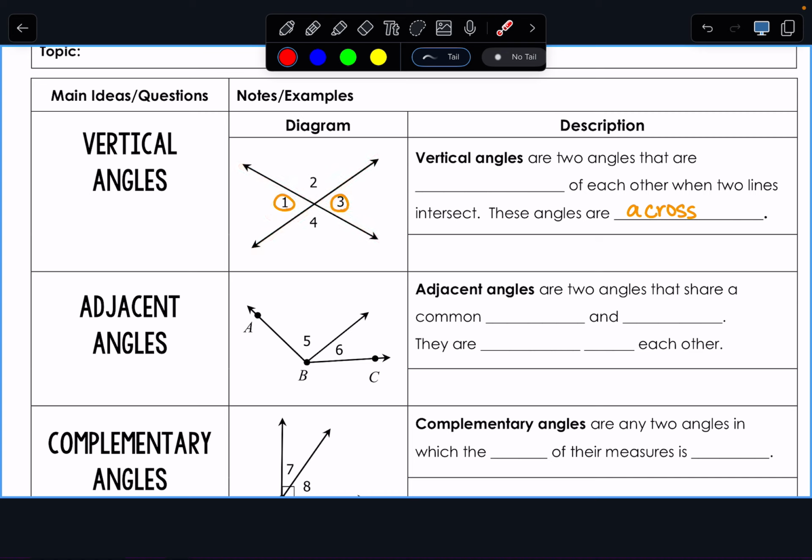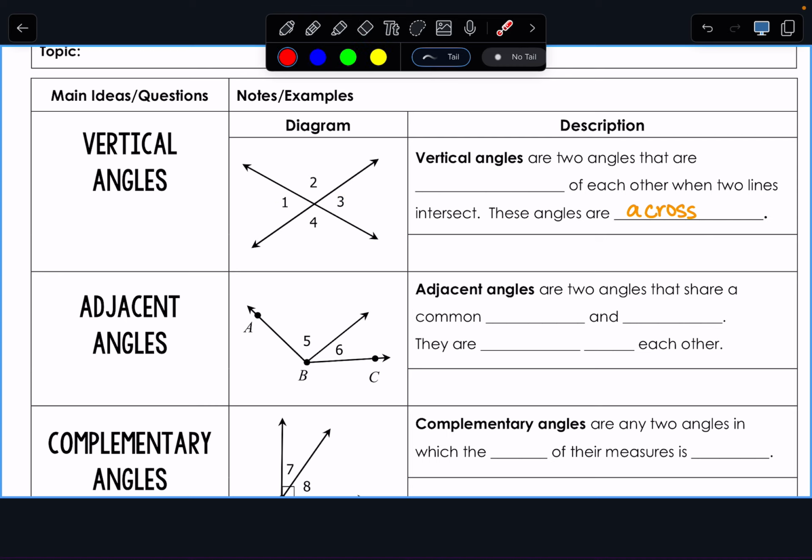Okay? Have you seen a picture like this before? Do you have any idea about what could happen here with these 2 angles?